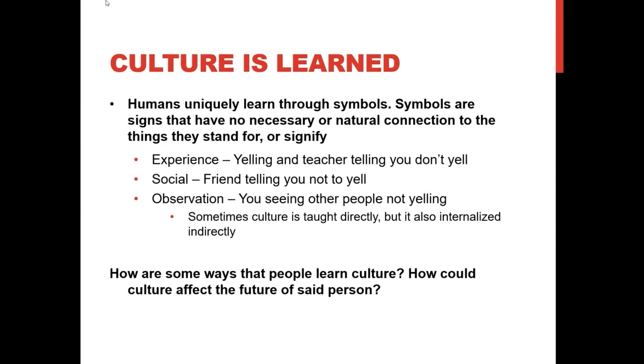Experience, first-hand experience, right? Going through the consequences of maybe doing something culturally incorrect. Social, which is maybe your friend or other people around you telling you what is culturally correct. And finally, observation is you viewing what is acceptable, what's not acceptable around you, right?